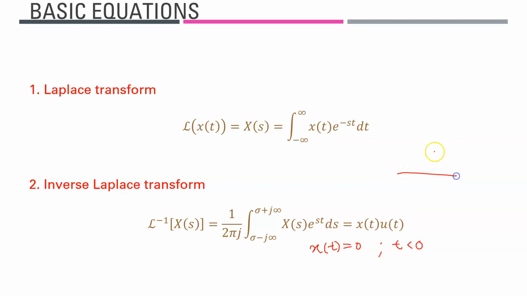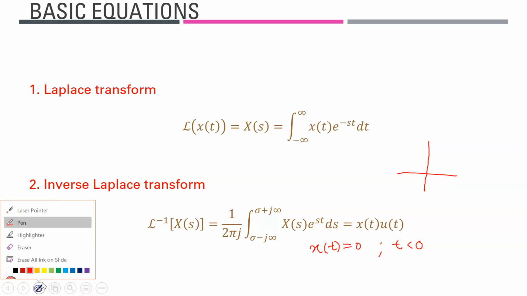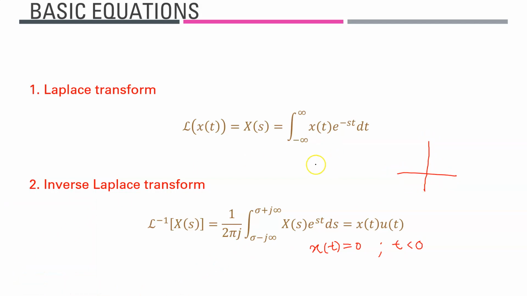If you look at the graph, the value of the signal at t smaller than 0 will be 0. That's why it is multiplied by u of t.